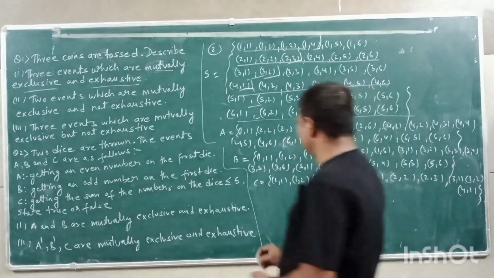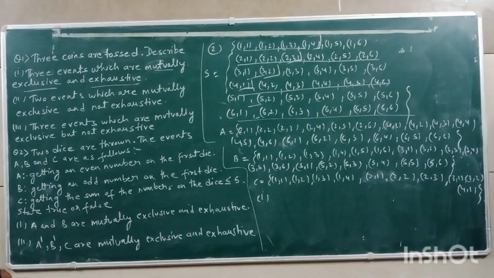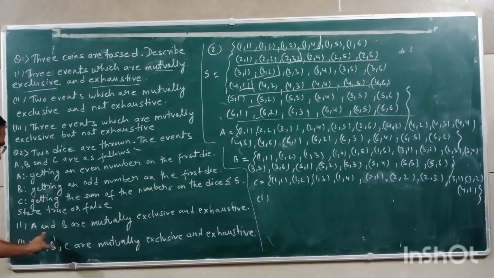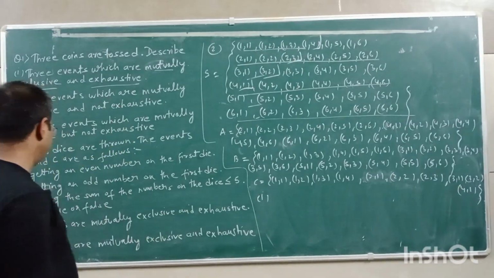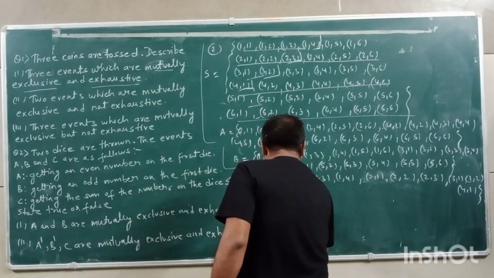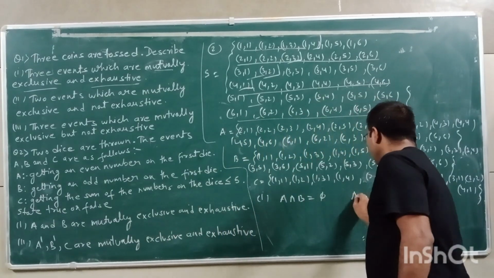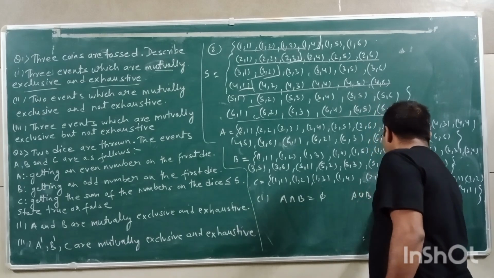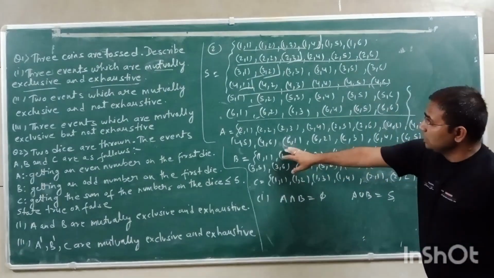Okay. Now we have to give the answer in true or false. The question is saying A and B are mutually exclusive and exhaustive. It means you have to check that A intersection B is phi and A union B is equal to the sample space. Now check. So see, A is what?